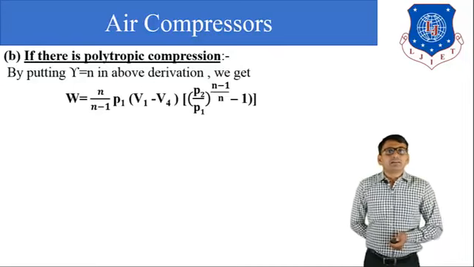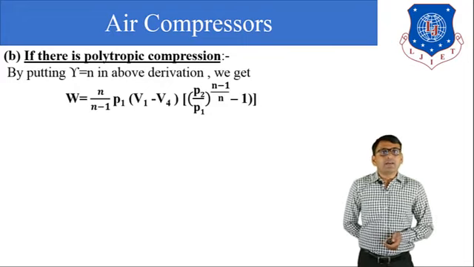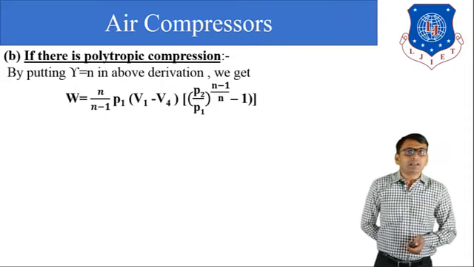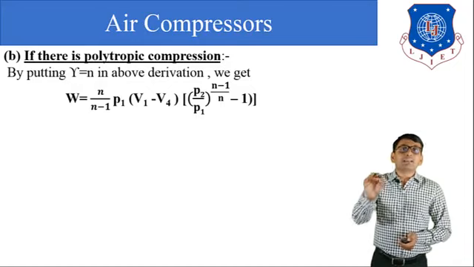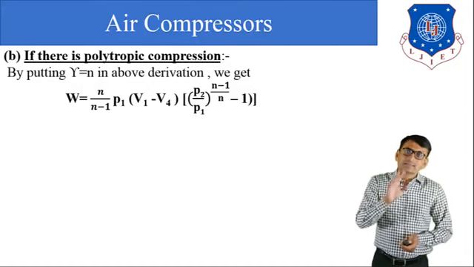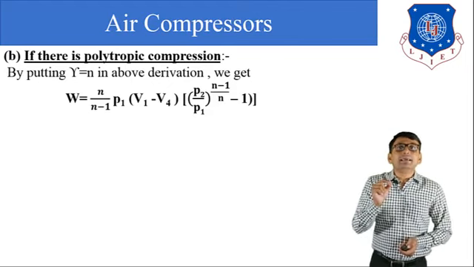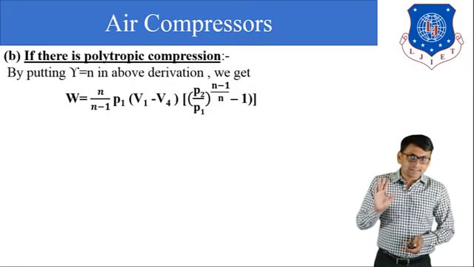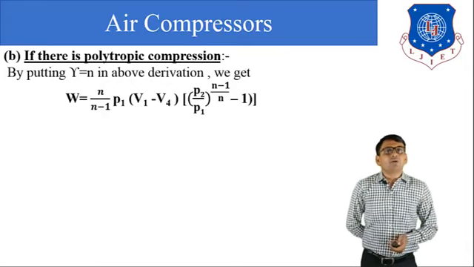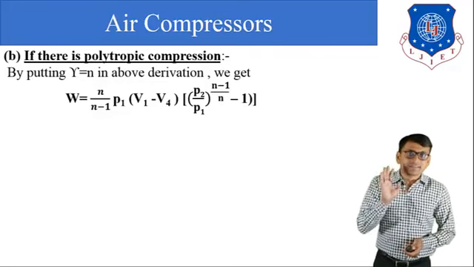By putting gamma equal to n in the above derivation, we get W is equal to n divided by n minus 1 P1 in bracket (V1 minus V4) in bracket (P2 by P1 raised to n minus 1 by n, minus 1). What do you mean by gamma? Adiabatic index. What do you mean by n? Polytropic index. Okay. So this is about work done for compression with clearance.